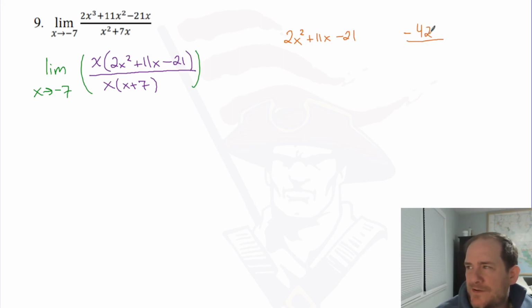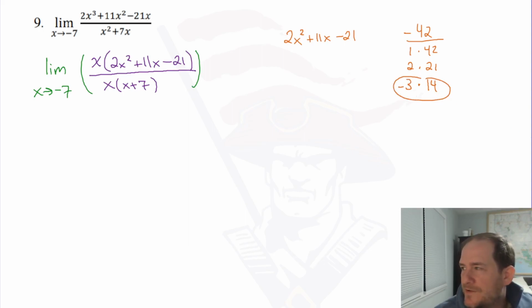So we know it's factors of negative 42 that we want to look at, and those factors are 1 and 42, no help there, 2 and 21, that's no help, 3 and 14, and then that's the pair. If you want a positive 11, then let this 3 be negative, let the 14 be positive.